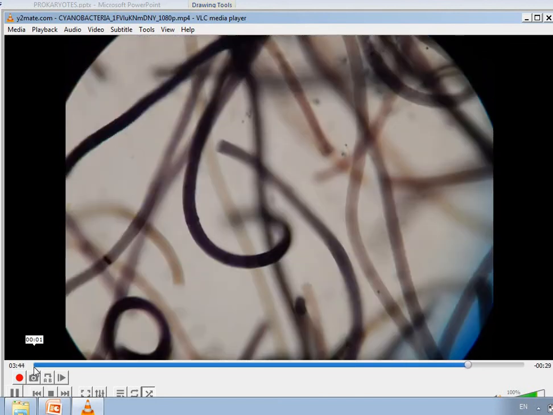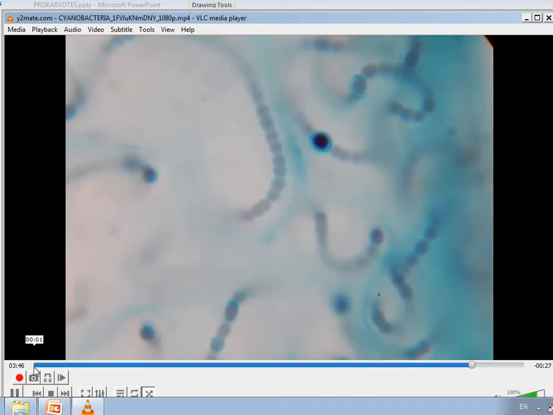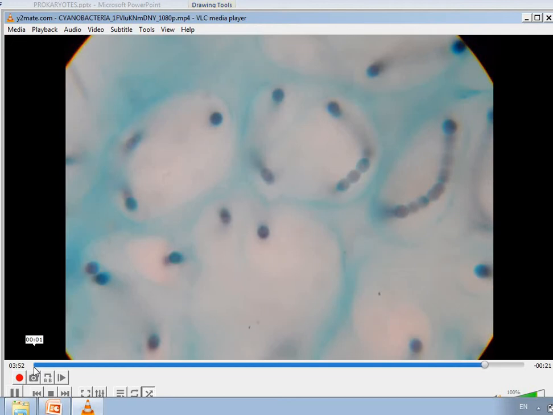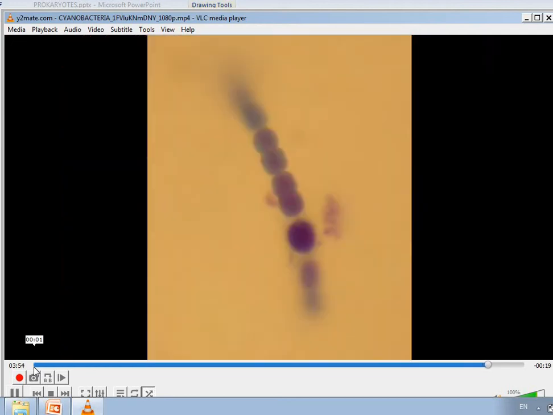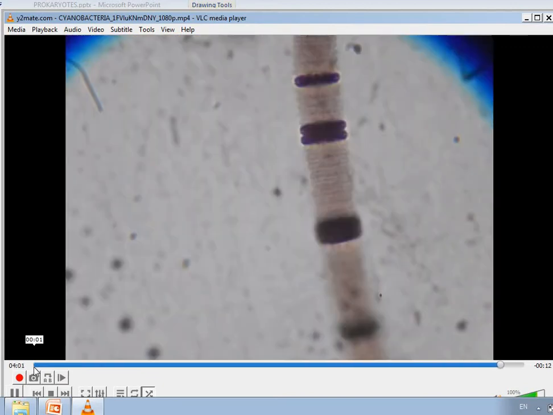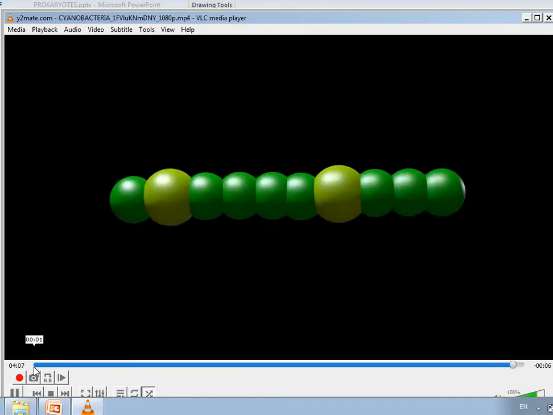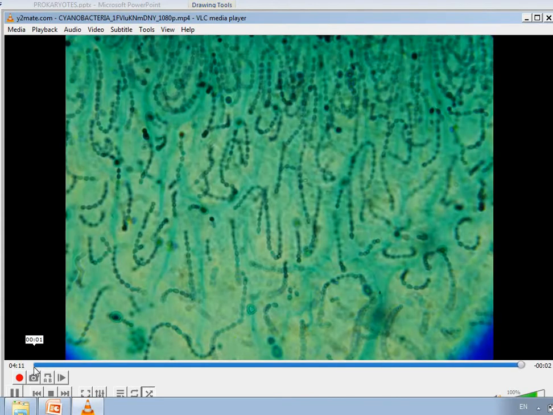Some of these colonies can have some degree of specialization of cells, forming, in addition to the vegetative cells performing photosynthesis, specialized akinetes, which can withstand harsher environmental conditions and can be the form they overwinter in, and then the heterocysts in some species which allow them to fix nitrogen.